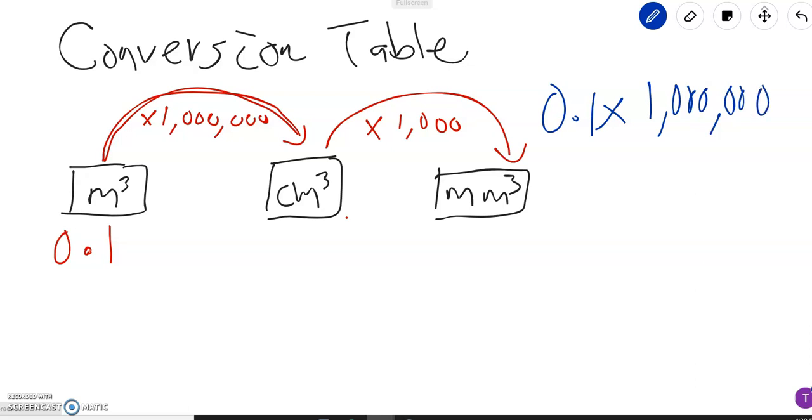And actually what we can do is when we multiply by tens, hundreds, thousands, we just move the decimal place to the right how many zeros there are. So 0.1, and how many zeros are in 1,000,000? 1, 2, 3, 4, 5, 6.